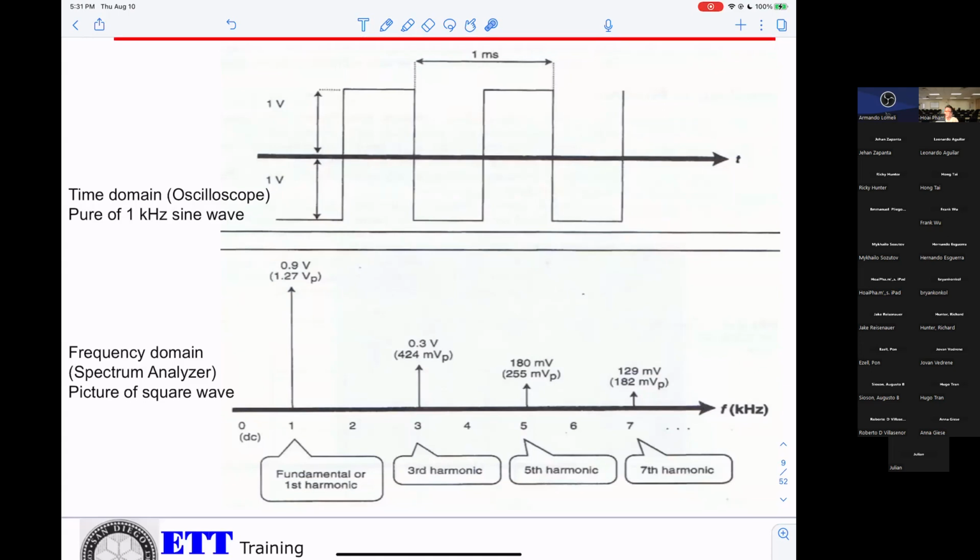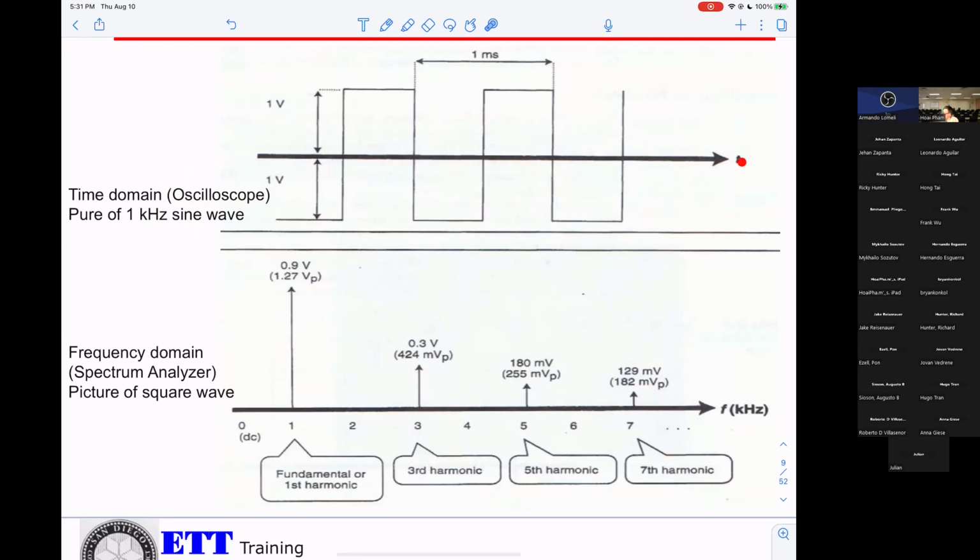Okay, now you can see this is the square wave that will be displayed on an oscilloscope, a 1 kilohertz square wave made of sine waves. However, this is the time domain.